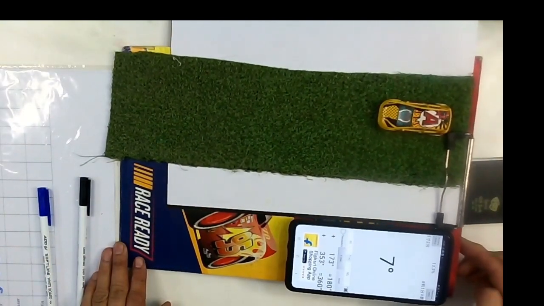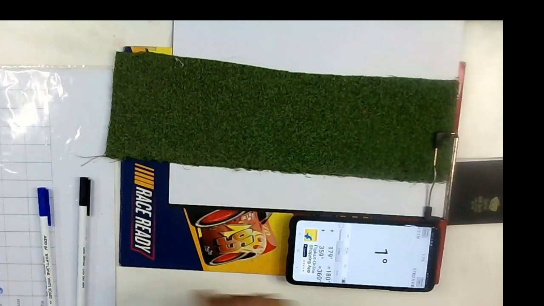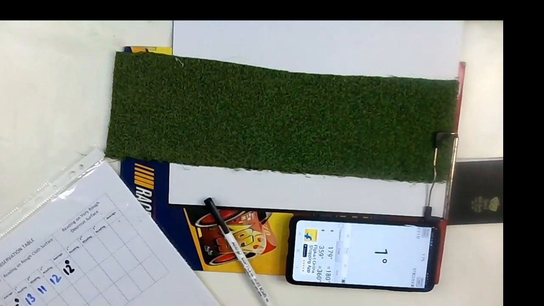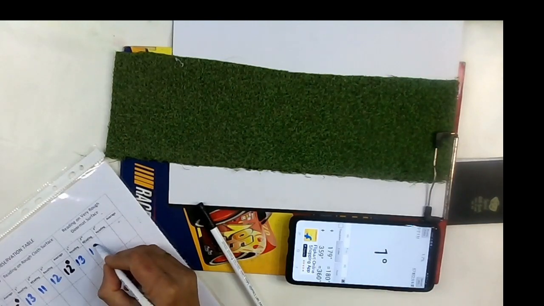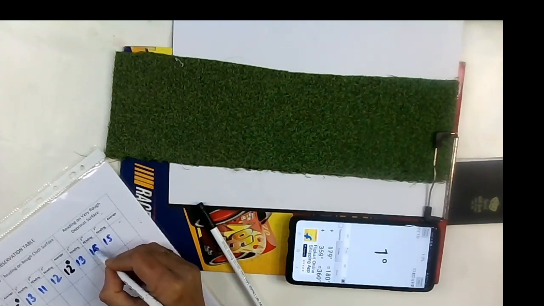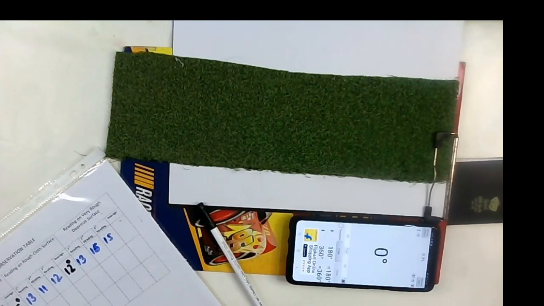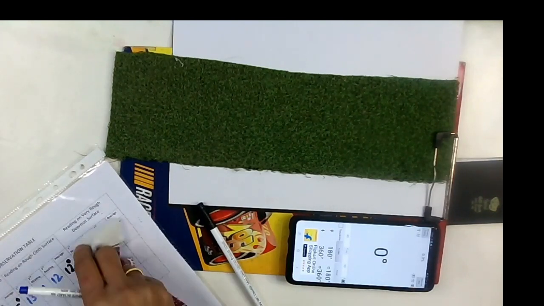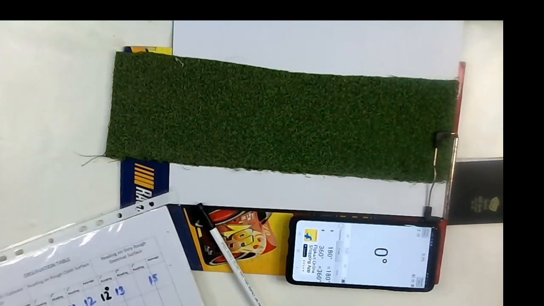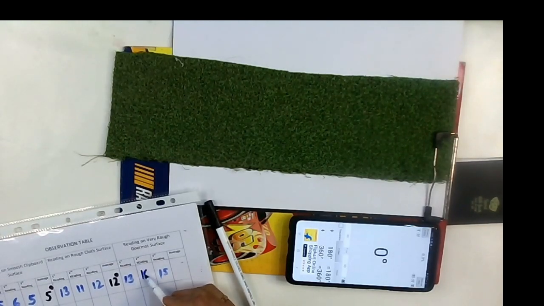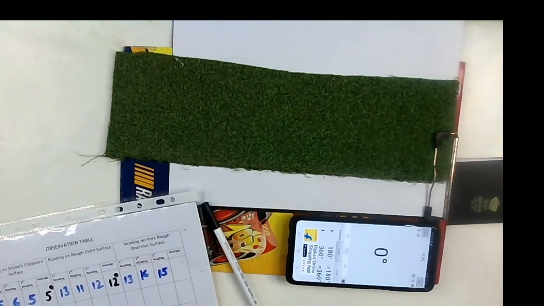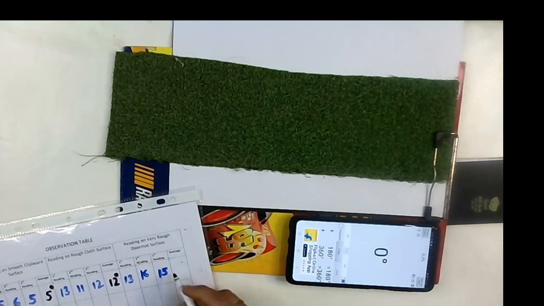Third reading, 15 degree. This is an amazing thing about this board, I can easily erase and rewrite. So this was 16 degree, by error I have written 15. Third one 15. So the average is 15 degree.